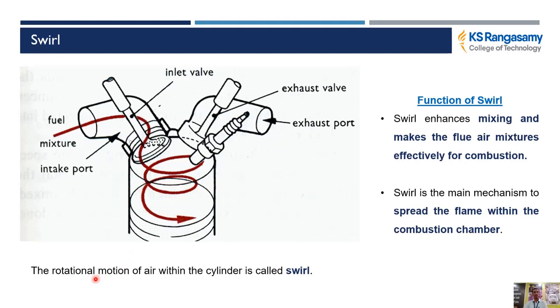So the rotational motion of air within the cylinder is called swirl. This diagram clearly explains the motion of air: the air swirls inside the cylinder. Why is the air needed in motion inside the cylinder? Because the motion of air makes the mixing of fuel very effective.